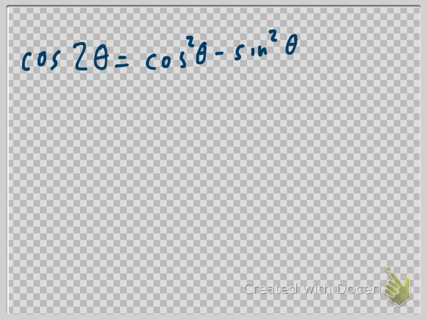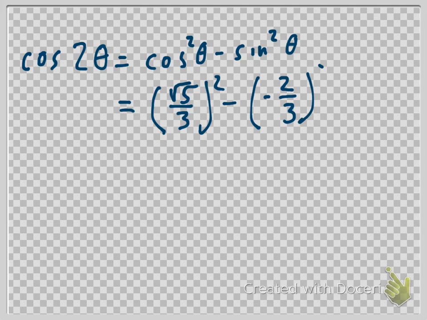And in the same way, my second task to find the cosine of 2 theta, which is equal to the cosine squared theta minus sine squared theta. All I'm doing is plugging those numbers in. So I've got root 5 over 3 squared minus negative 2/3 squared, and I just have to work that out. It's not too bad.